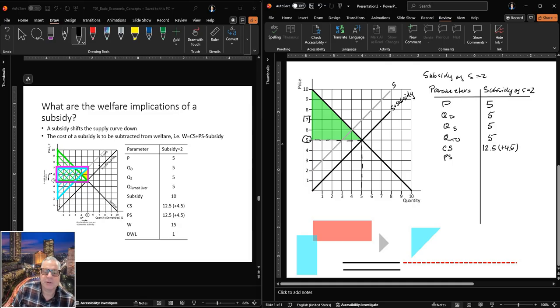So the real price that they get is actually 7. So there's some overlap now.